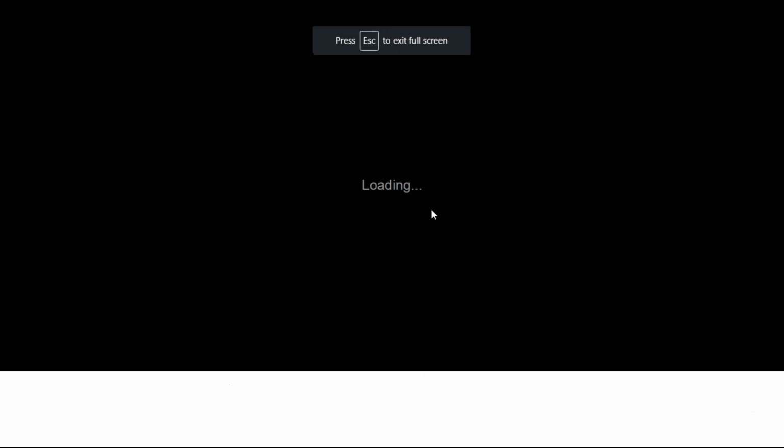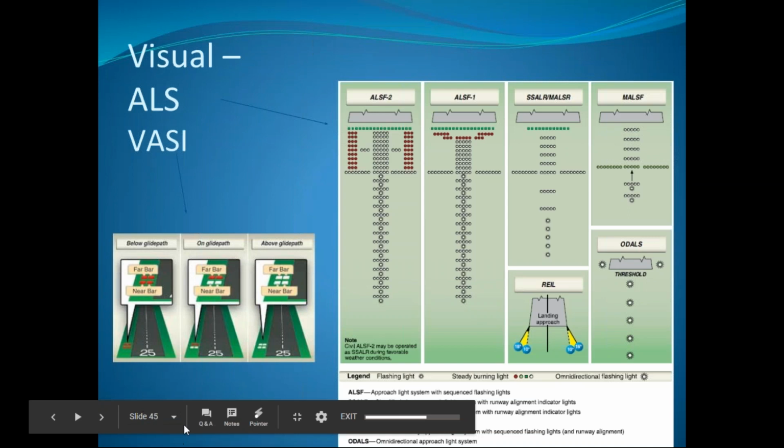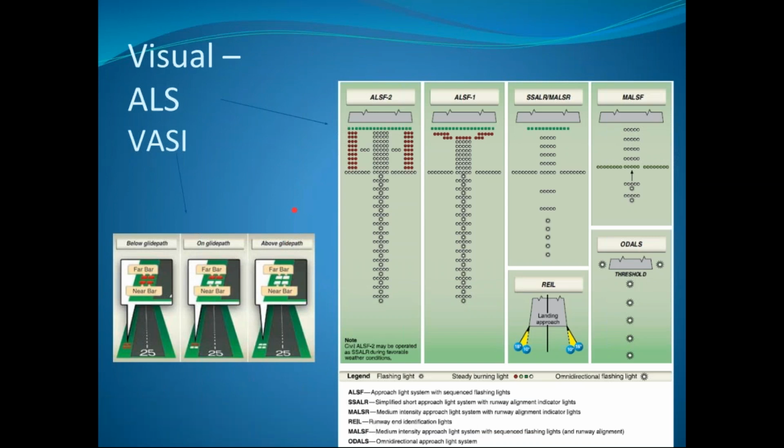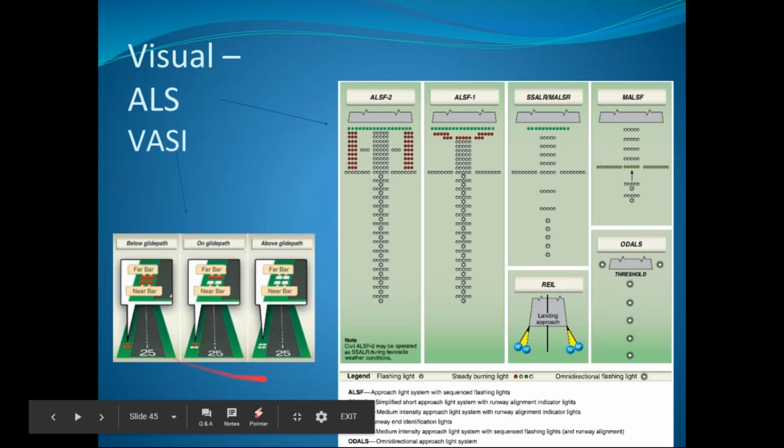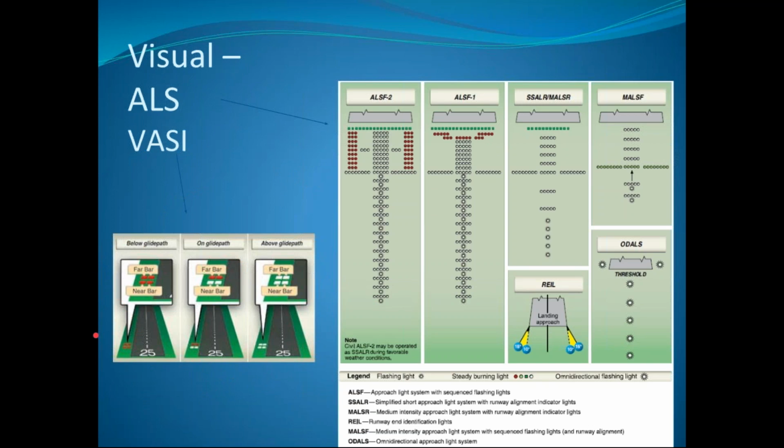Let's pull this back up. Okie dokie. Here we have the VASI, is what we call it. Typically at the bigger airports, we're not going to have a VASI anymore. Now you're going to see what we call a PAPI, P-A-P-I, Precision Approach Path Indicator.